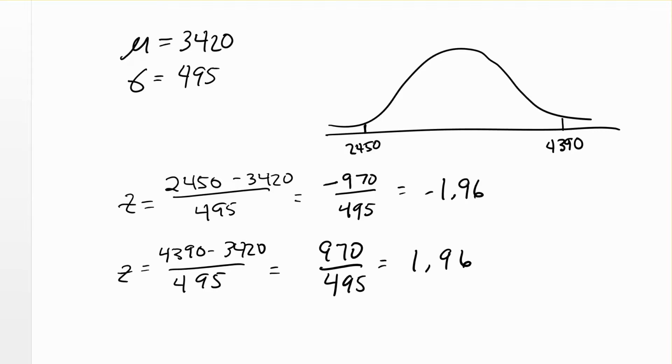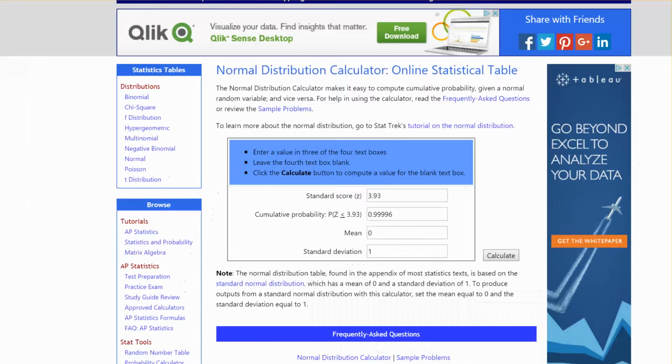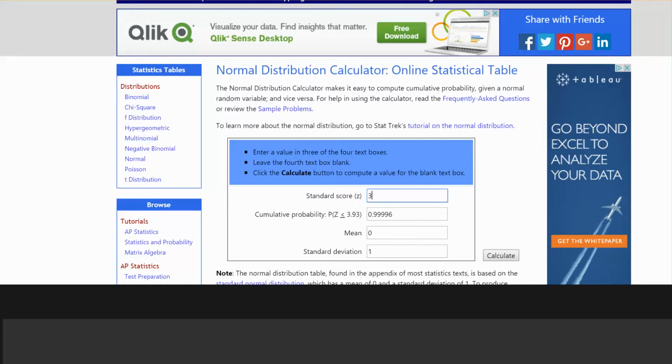So the z-scores that we're working with right here, that z is negative 1.96, and this one, the z-score is 1.96.